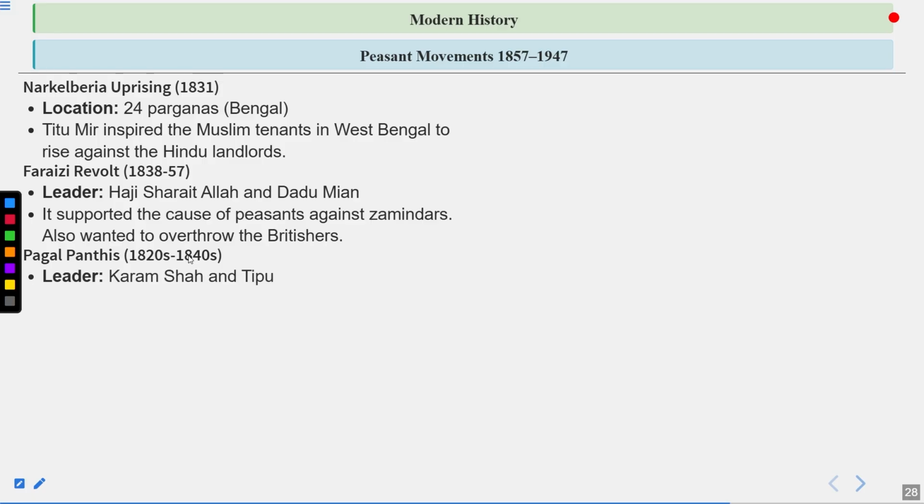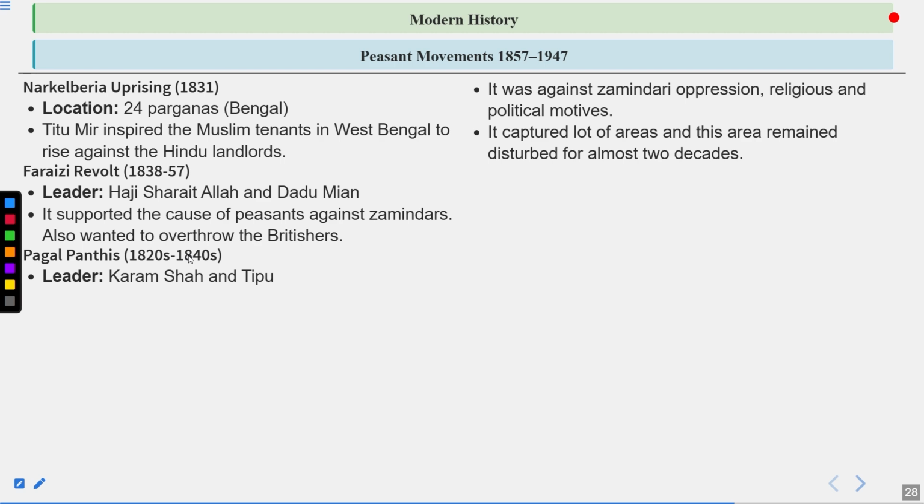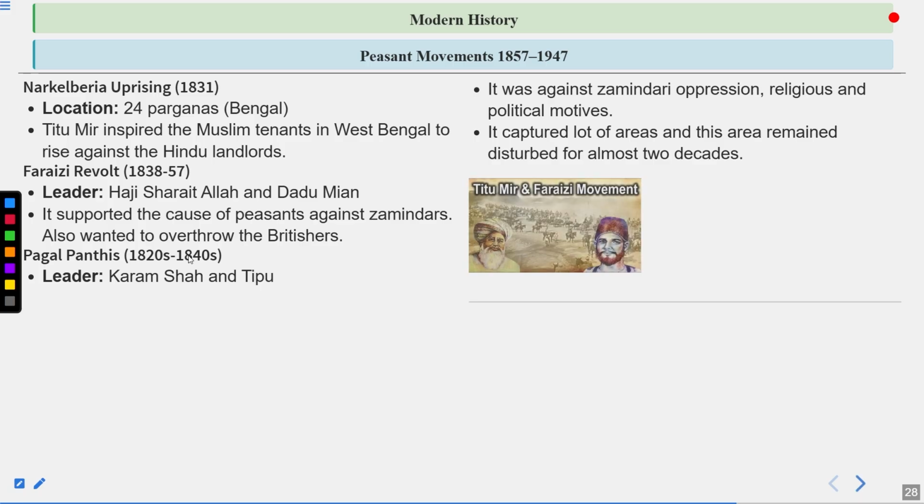Leaders Karam Shah and Tipu. It was against zamindari oppression, with religious and political motives. It captured a lot of areas and the region remained disturbed for almost 2 decades. So these are some of the movements related to the peasants, and do remember all of these.